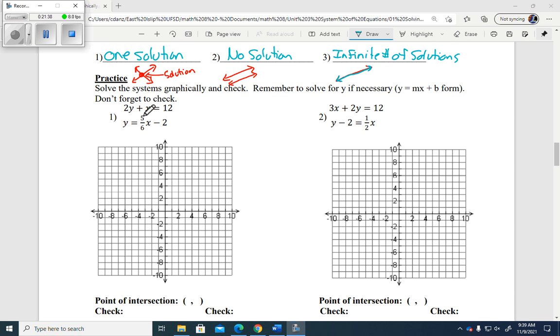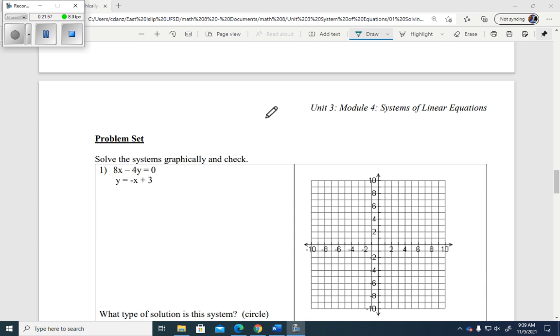So I'm going to ask you to do these two practice problems on your own, and then check on my Google Classroom for the notes that I have left so that you can check and make sure that you have these two problems done correctly. And then when you're done with these two problems and they're done correctly, you can then start your homework, which is this problem set.